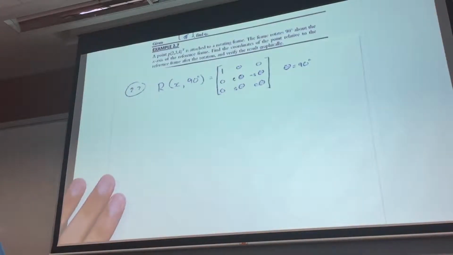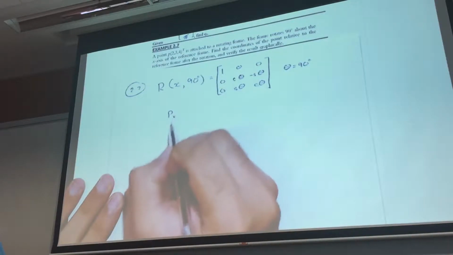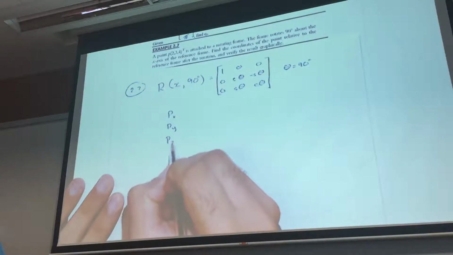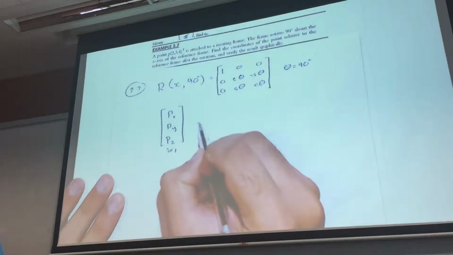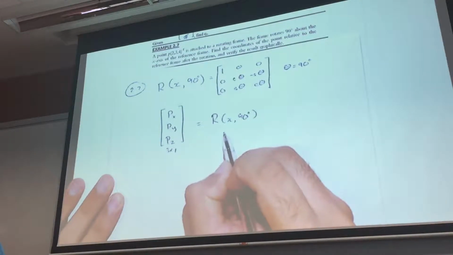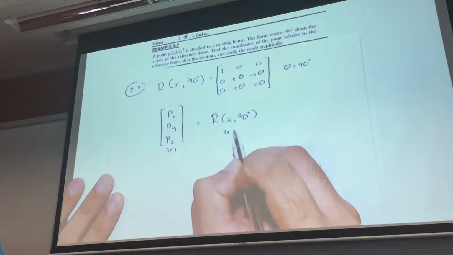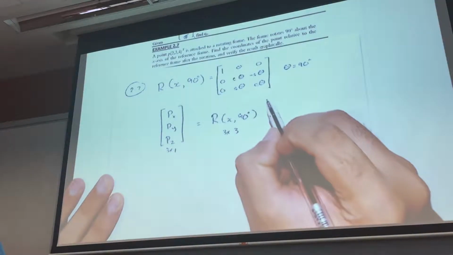So that's why you need to know your rotation matrix first. So your global coefficient will be Px, Py, Pz. This is 3 by 1. Your R will be x, 90 degrees, 3 by 3. Verify.